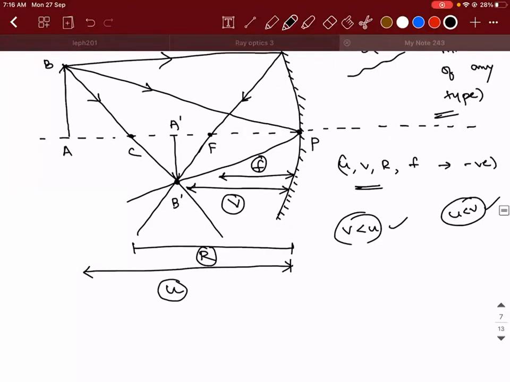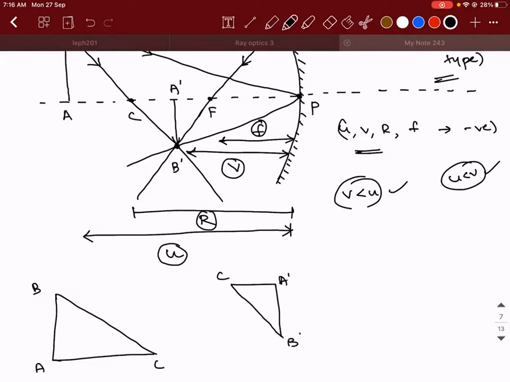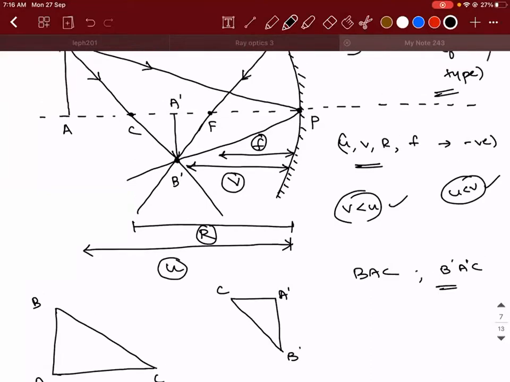So if I take the right angle triangle ABC and this one, A dash, B dash, C, what is it that I can say?